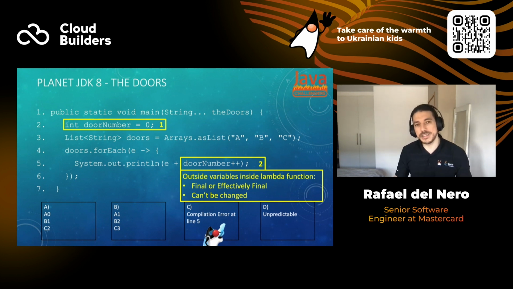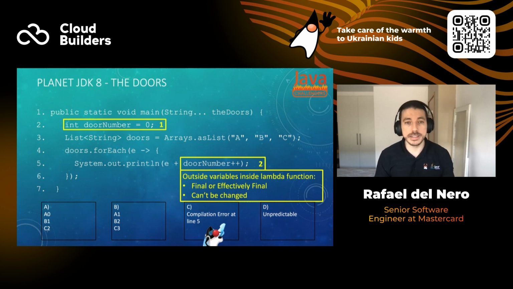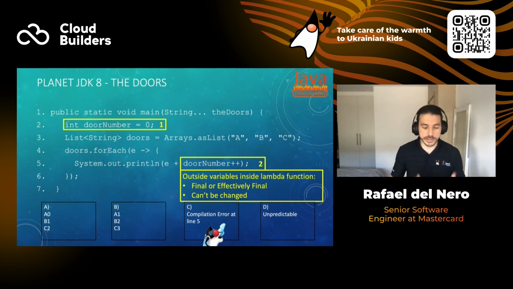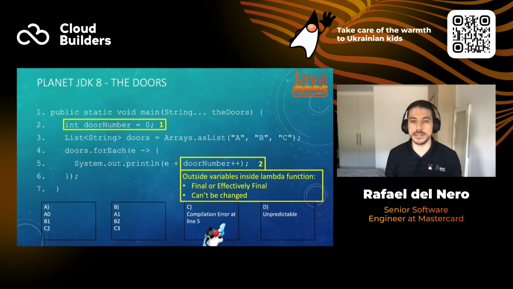And there is a caveat on this one. For example, if you pass an object to a lambda expression, then you can change it. So that's why I told you that Java is not fully functional programming, because even though you can't change the door number, which is just a primitive variable, inside a lambda expression, you can change an object.